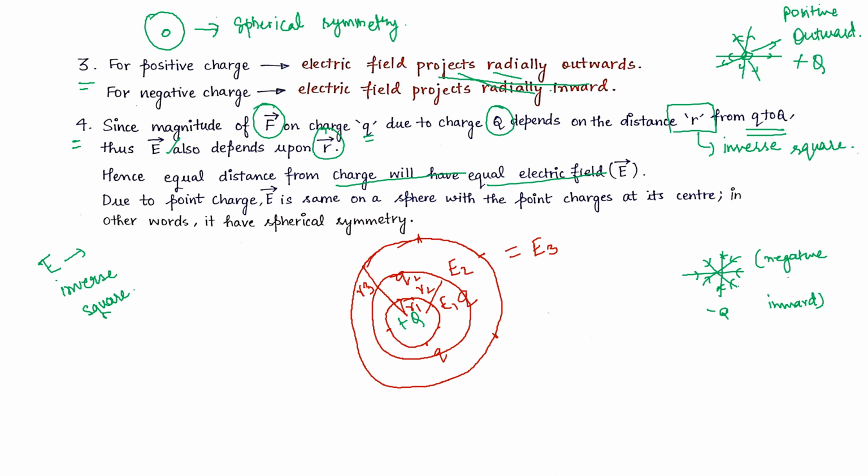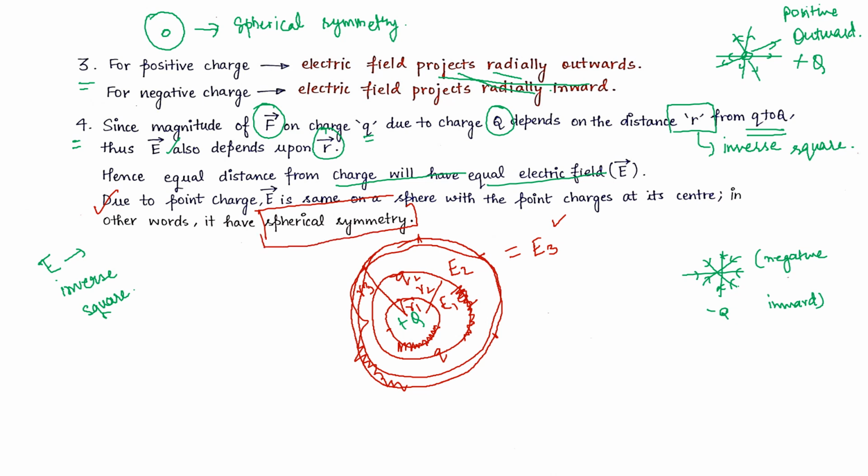Anywhere on this line will have electric field E3, anywhere on this line will have electric field E2, anywhere on this line will have electric field E1. So it depends upon the distance. See here, due to the point charge, E is the same on the sphere with the point charge at its center. In other words, it has spherical symmetry.